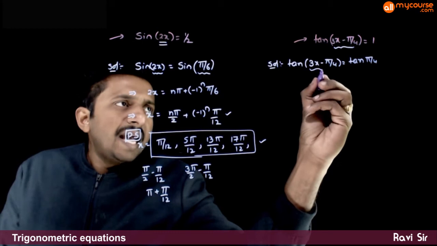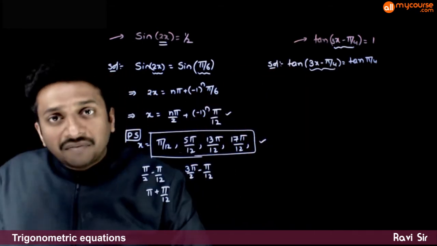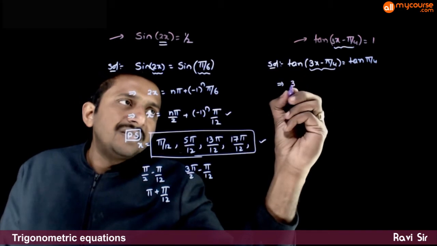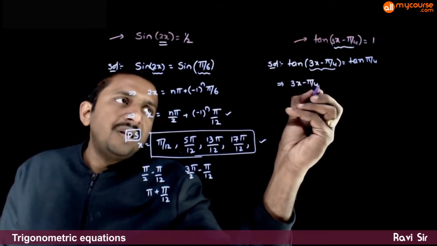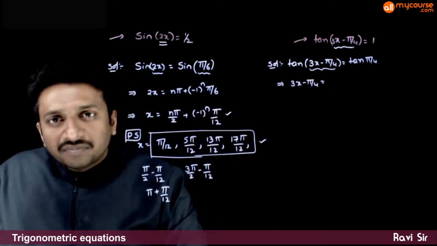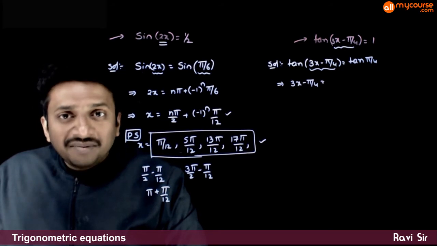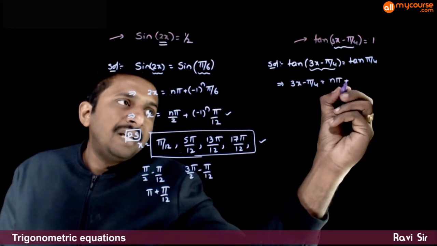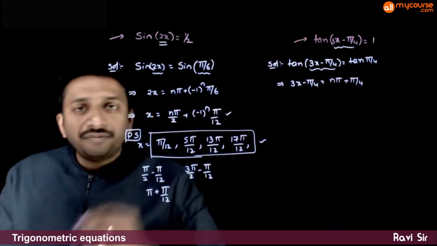So now tan of something is equal to tan of something. So this something, which is 3x minus pi by 4, has to be equal to, with respect to tan, the solution n pi plus alpha, n pi plus pi by 4.